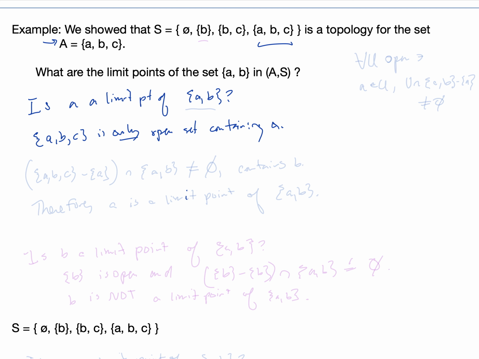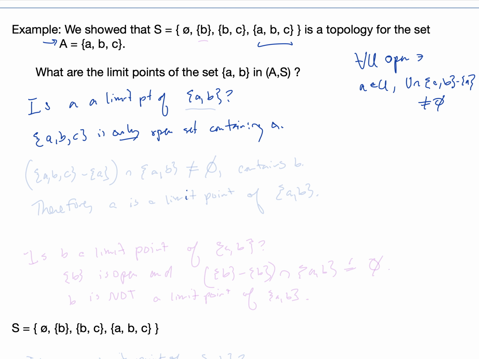We need to show that for any open U such that a is in U, U intersected with the set of interest, {a, b} minus the point a specifically, is not the empty set. That would be showing that a is a limit point of {a, b}. Well, is that true?